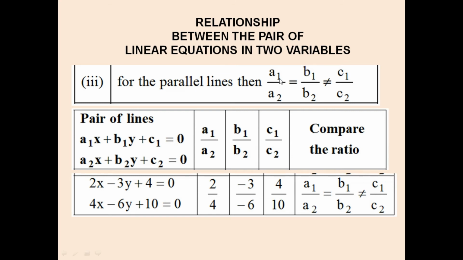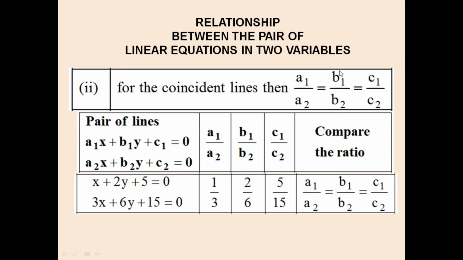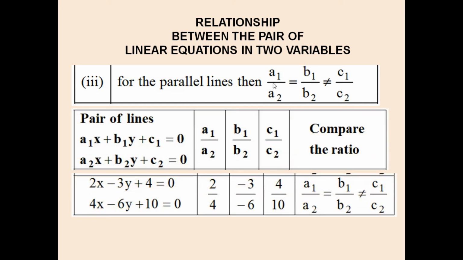When the first two ratios are not equal, the lines are clearly intersecting. But if the first two ratios are equal, then we need to observe the third ratio. If the third one is also equal, then the lines will be coincident. However, if the third one is not equal, then it is a case of parallel lines.